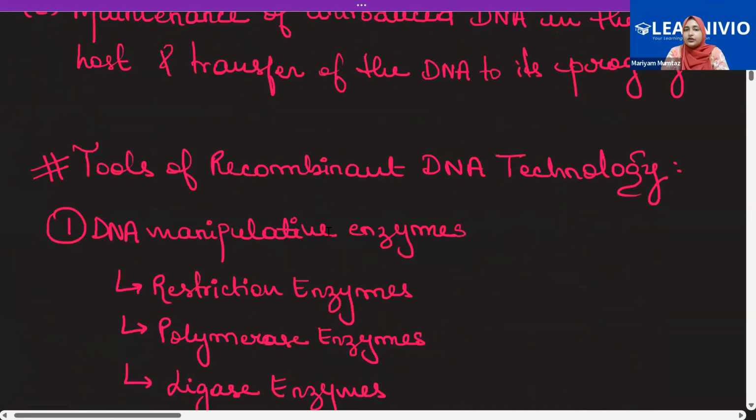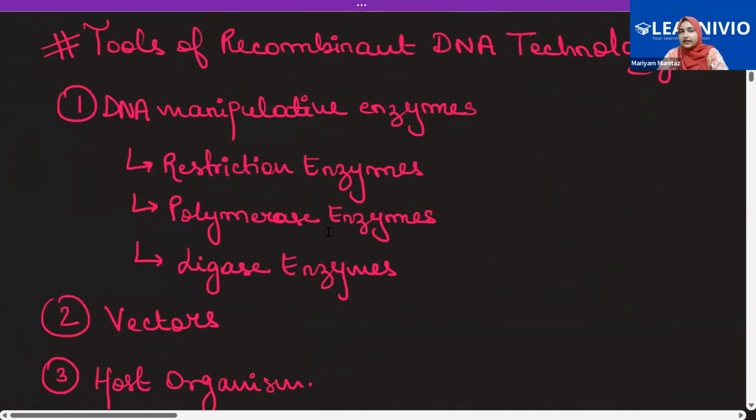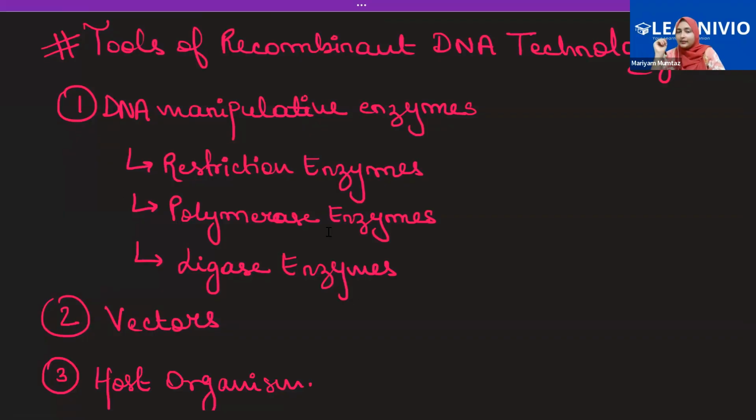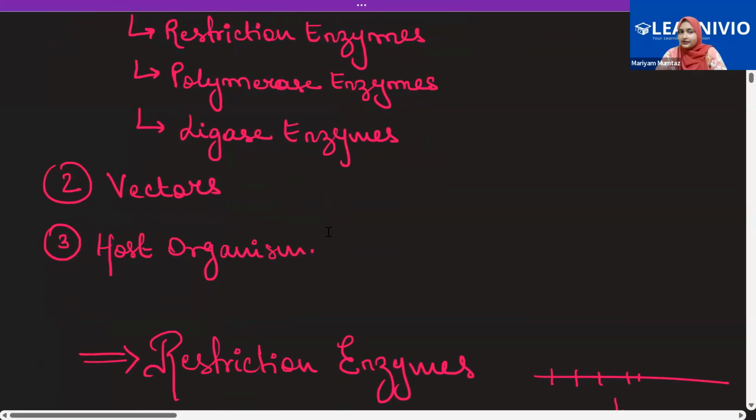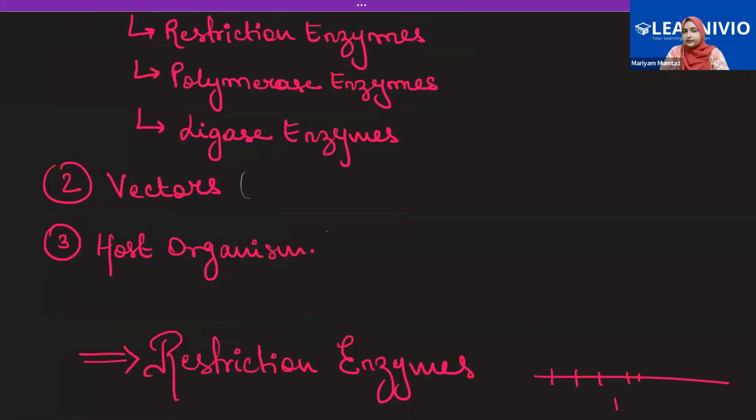So let us see the tools of recombinant DNA technology. First of all, there are certain enzymes that come into play, such as restriction enzyme, polymerase enzyme, ligase enzyme. 3 enzymes are there. Then we need a carrier, that is our vector.